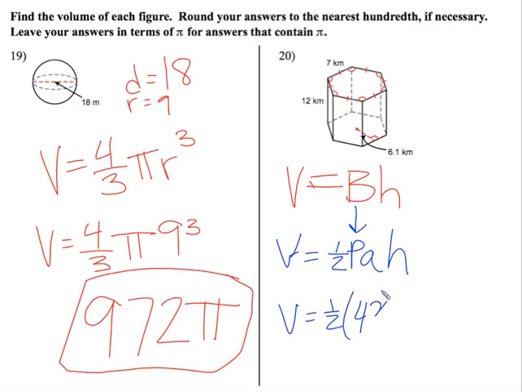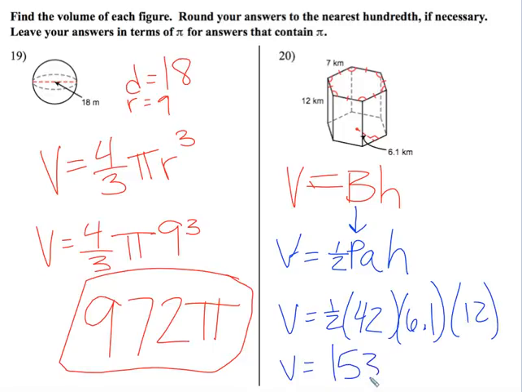The apothem is given to us up there. I believe it's 6.1, hopefully. It's too small for me to see. And then the height is 12. Again, I'm going to type that whole thing in. And I get 1,537.2.